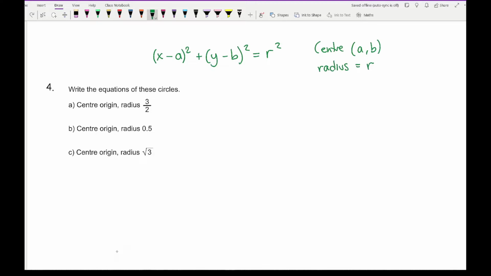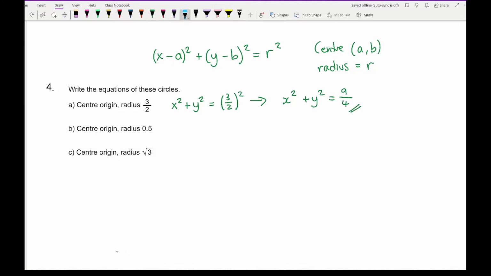So the center of the origin is the origin, then A and B are going to be 0. So for this, it's going to be x squared plus y squared equals 3 over 2 squared. Now, if I simplified that, which I'd probably expect people to do, then we'd get 9 over 4.